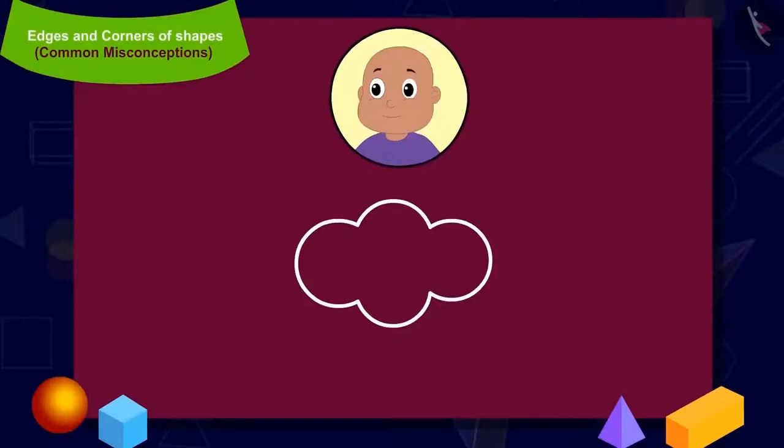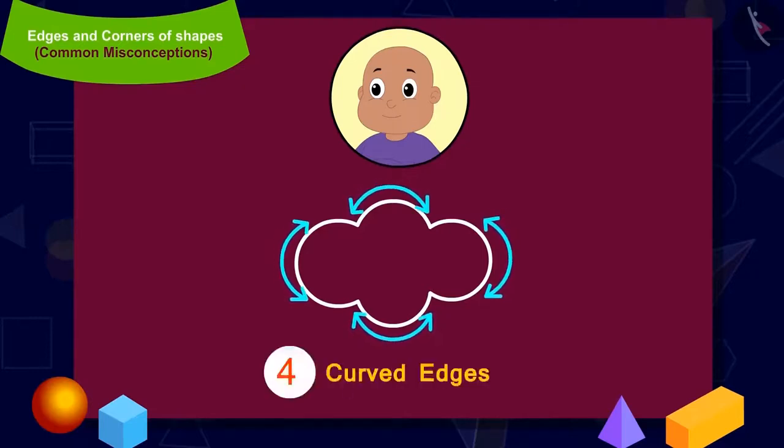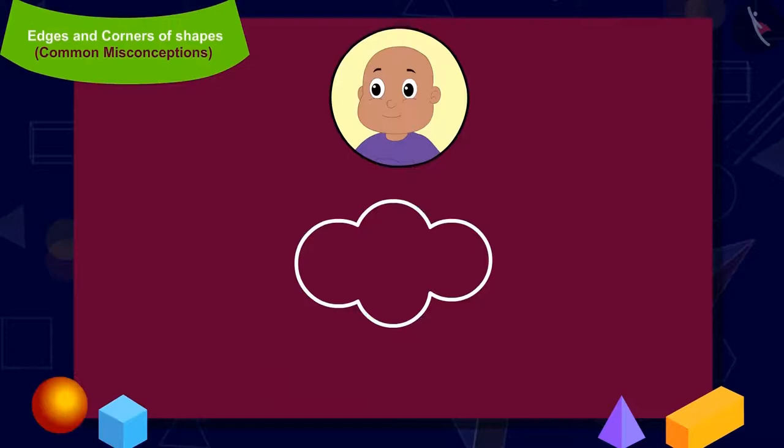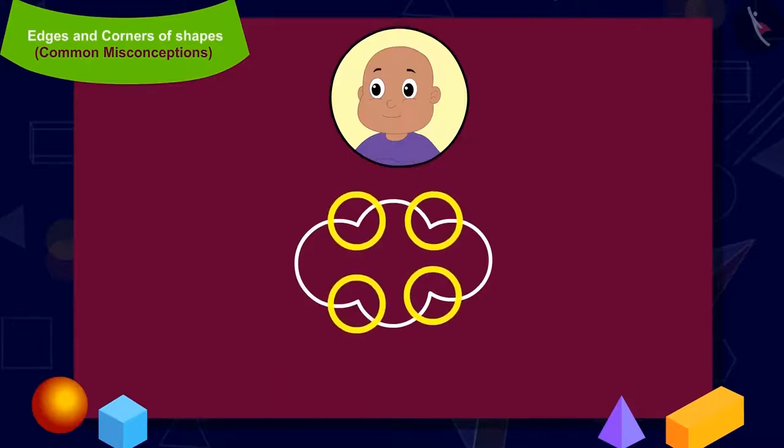Can you recognize the curved edges of Bablu's shape? Yes, you have recognized them correctly. How many total curved edges are there? 4. Now, can you recognize the corners of Bablu's shape? Yes, correct.